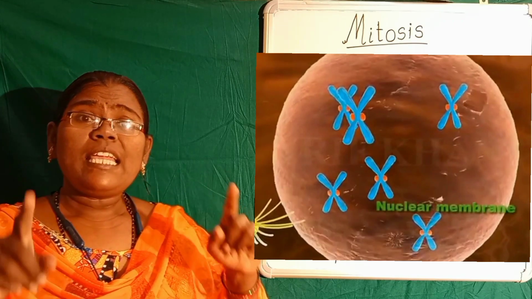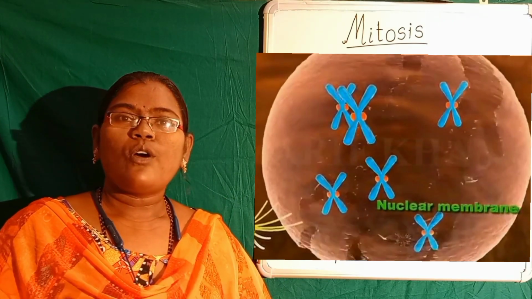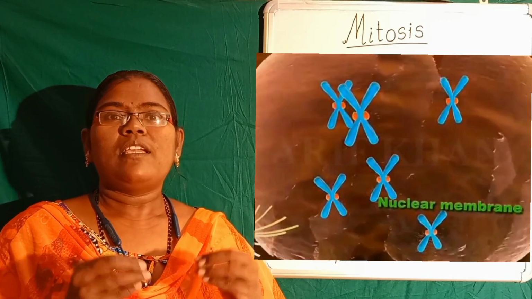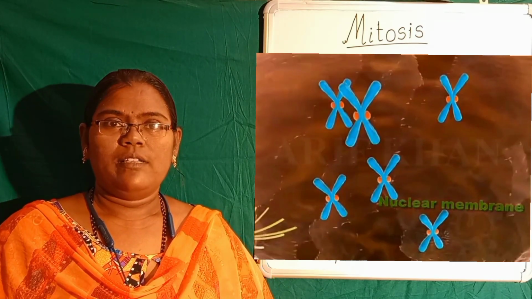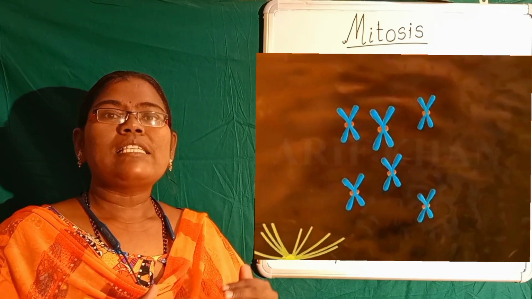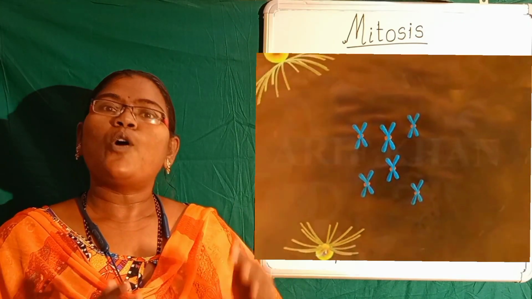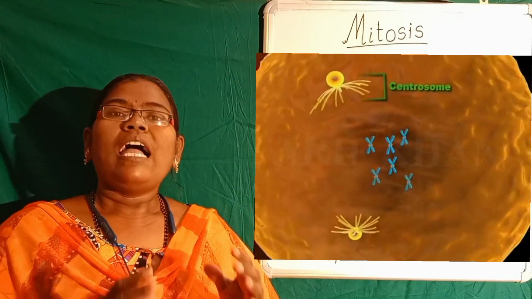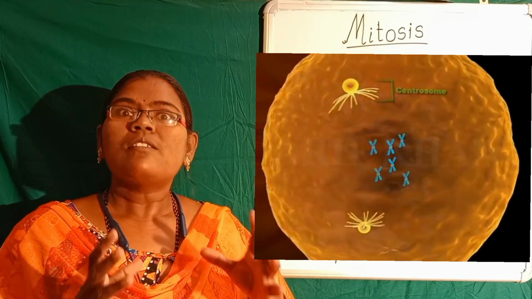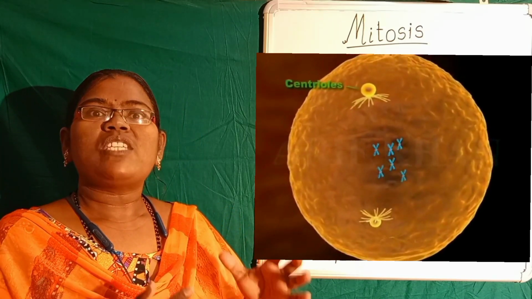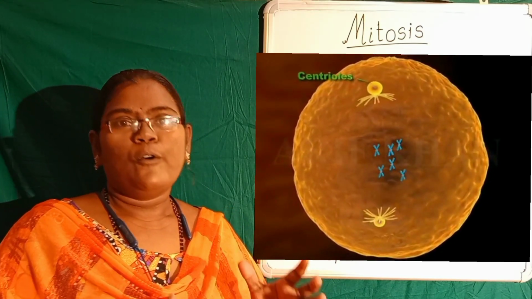Then the nuclear membrane also disappears. Then the centrosomes move towards the poles and form the spindle fibers. These are the events which occur in the prophase.